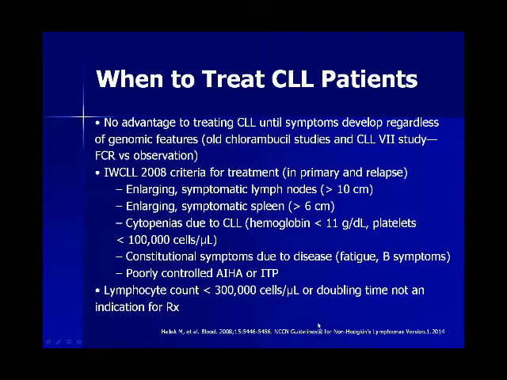The doubling time in itself is not an indication for treatment, but would probably make you anticipate that, look, the way things are going, we're probably going to have to treat you in 6 months or a year, because by then the counts are going to be picking up quickly. So we will look at a variety of these clinical parameters to decide when you're likely to benefit best from treatment.